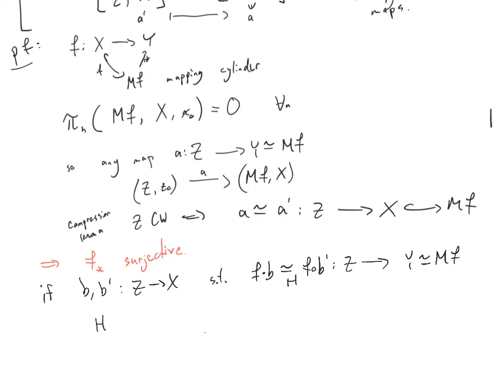And so now that map H is a map from Z cross I into Mf. And we can take that relative base point, let's say Z0 cross 0.